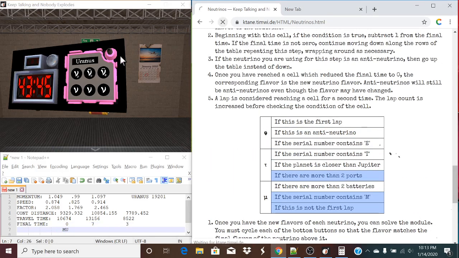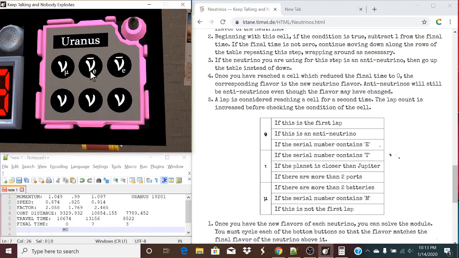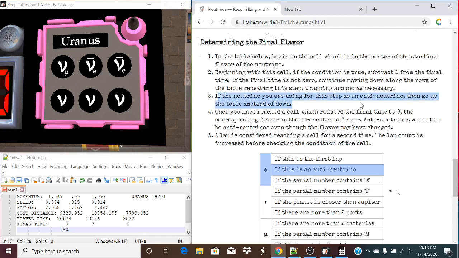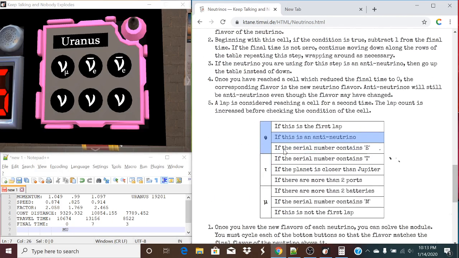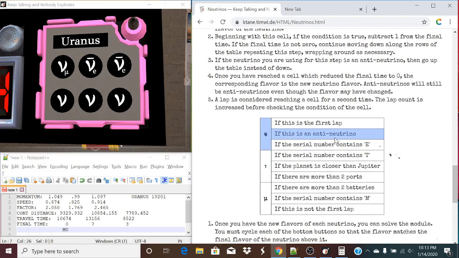Next up, let's do the next 2 neutrinos, because they happen to be the same neutrino. However, we're going to pay attention to their final times, because they have different final times. We start at the center cell of epsilon, and since we are an antineutrino, we go up the table. Our first rule: if this is an antineutrino, we subtract 1 from both of them because they are both antineutrinos.